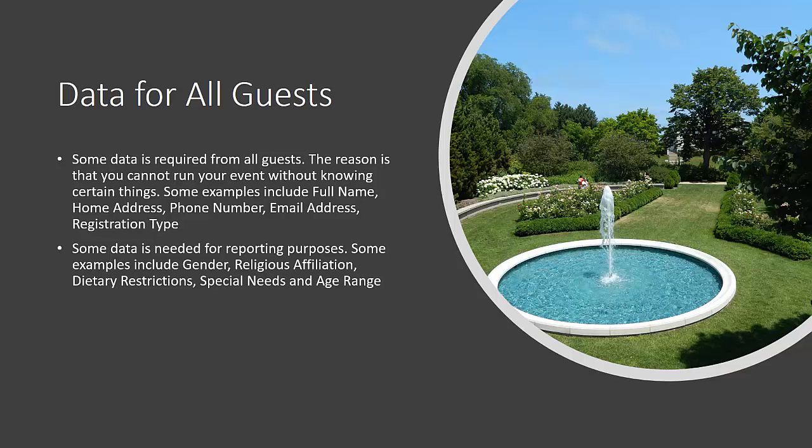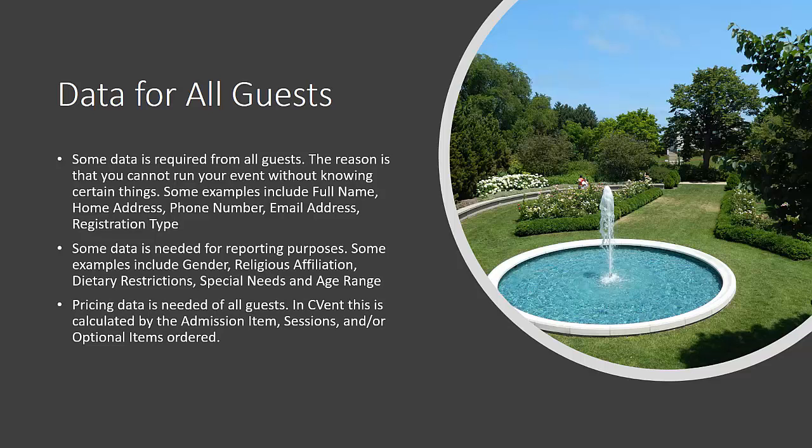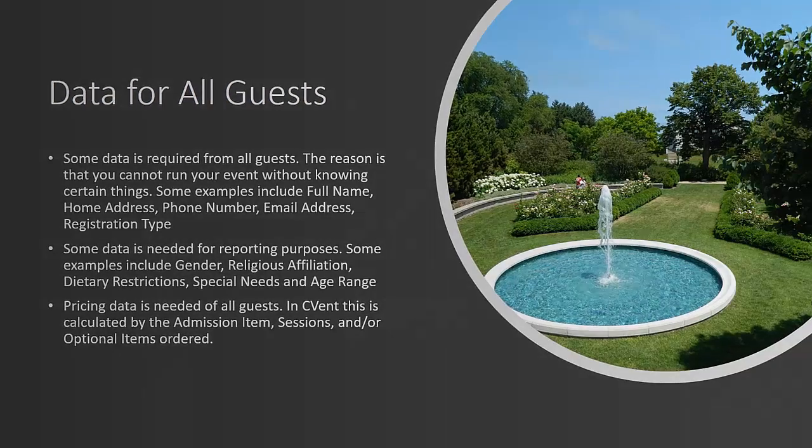Some examples include gender, religious affiliation, dietary restrictions, special needs, and age range. And pricing data is needed of all guests. In Cvent, this is calculated by the admission item, sessions, and/or optional items that are ordered.